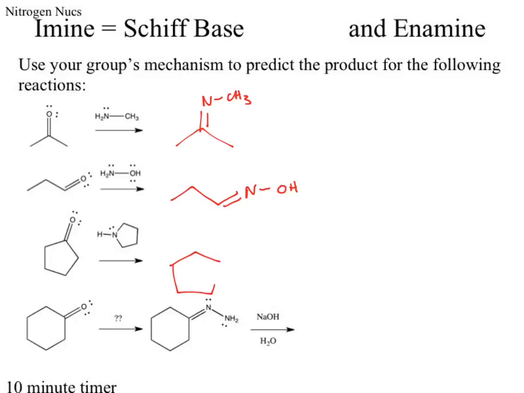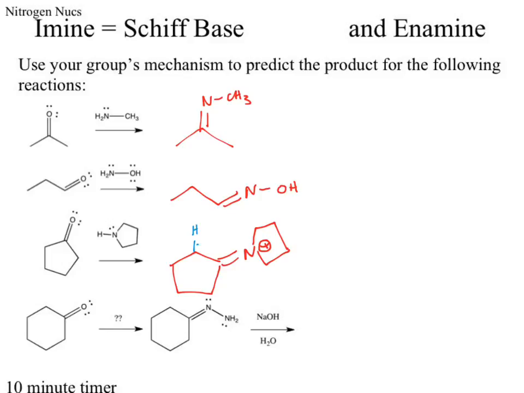Next one, if we follow the pattern, how many of you put this answer? That's a really good first step. What's the problem with this structure? It's positive charge on the nitrogen. So what happens?